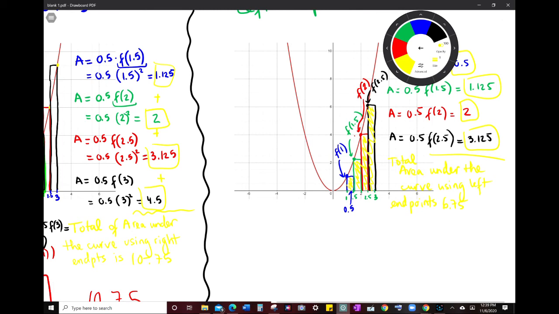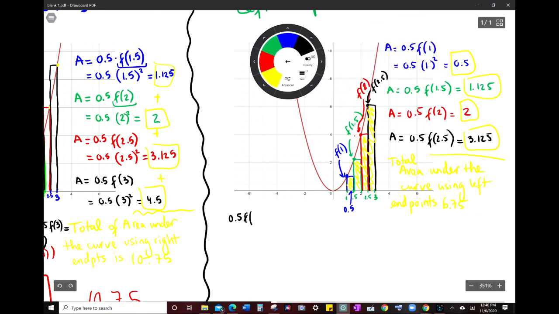And like I said, we can do the short way by we have 0.5 f of 1 plus 0.5 times f of 1.5 plus 0.5 f of 2 plus 0.5 f of 2.5.